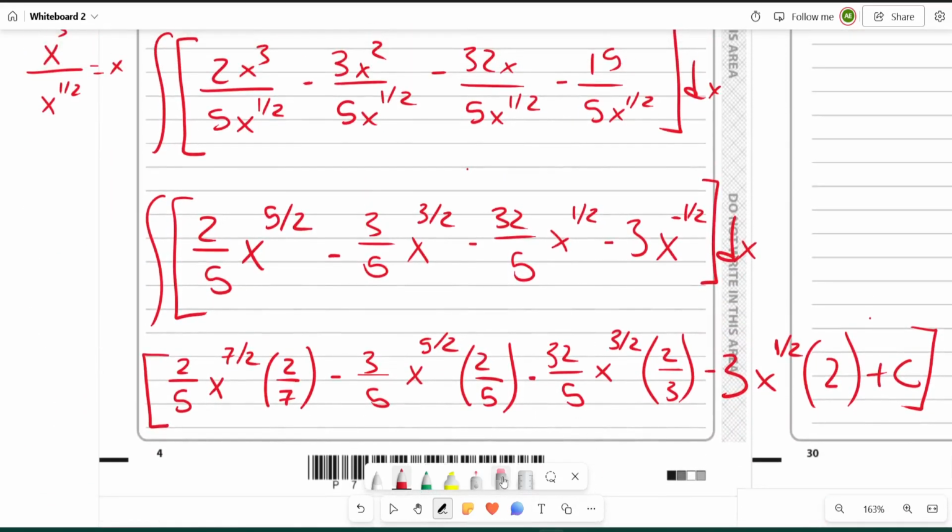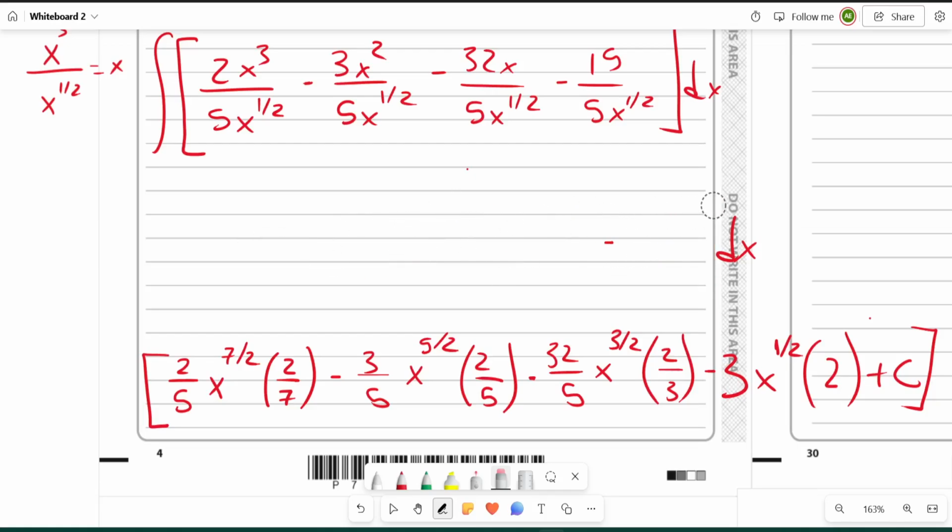So all I have to do here is just simplify. I'm going to do it here on top. To simplify this, this is going to be 2 over 5, so 2 times 2 is 4. So this is going to be 4 over 5 times 7, which is 35, x power 7 over 2. Minus 3 times 2 is 6, 6 over 5 times 5 is 25, x power 5 over 2.